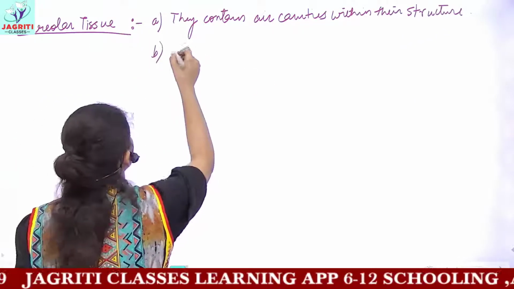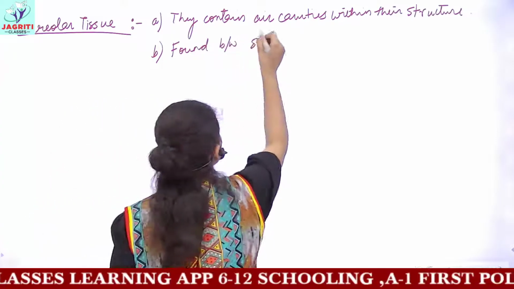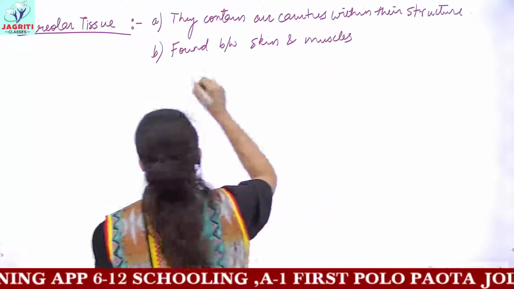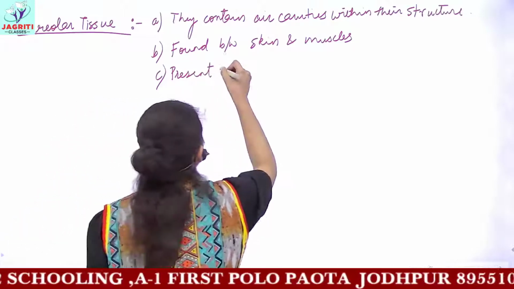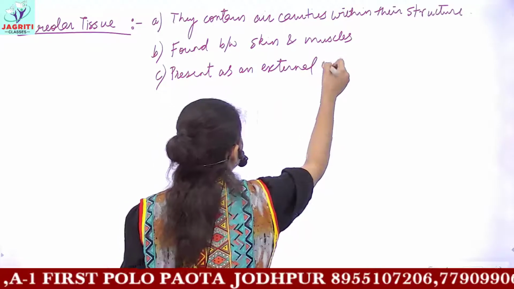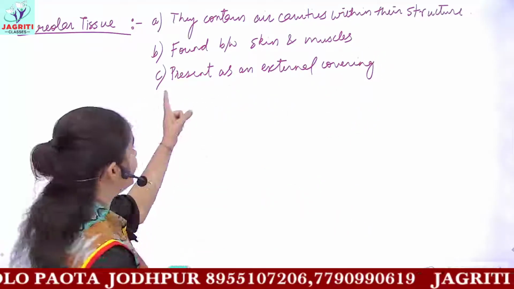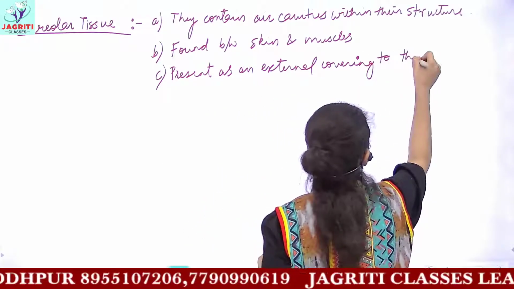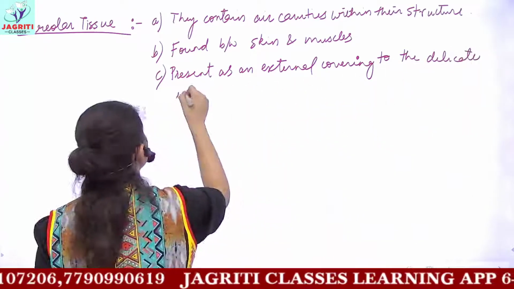And these areolar tissues are generally found between skin and muscles. Then these are also present as an external covering to the delicate internal organs.